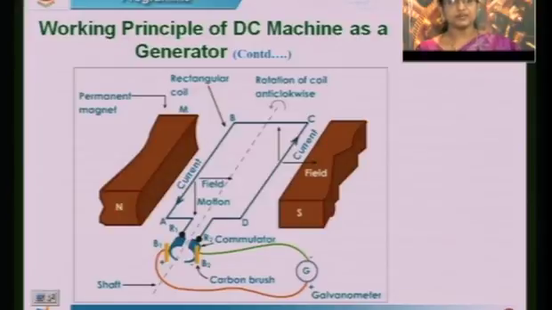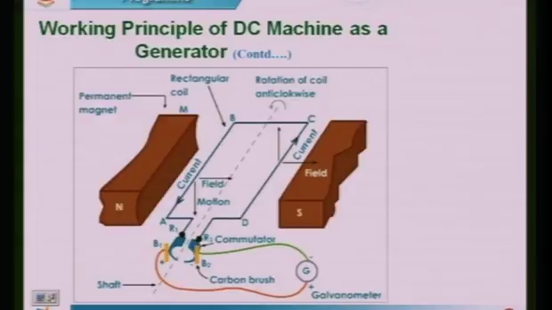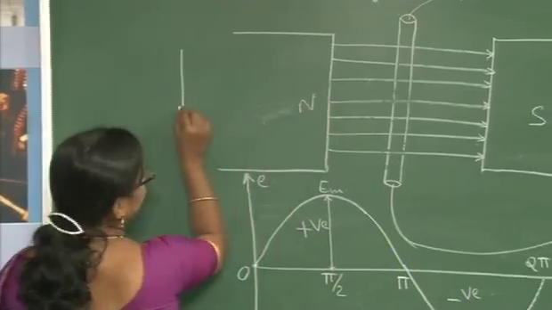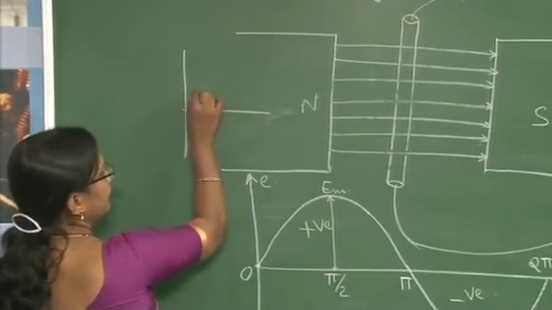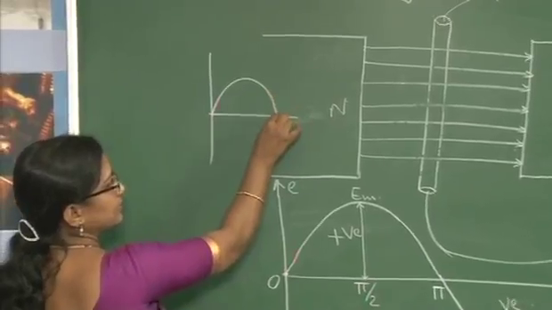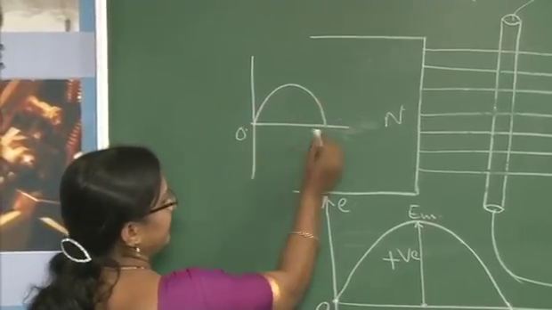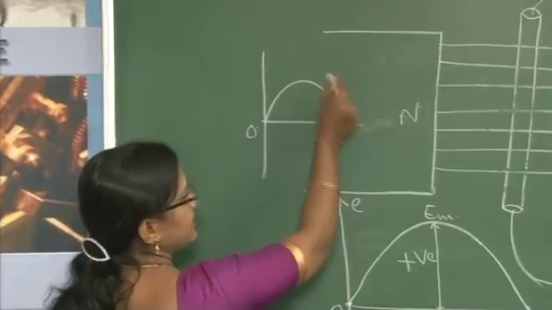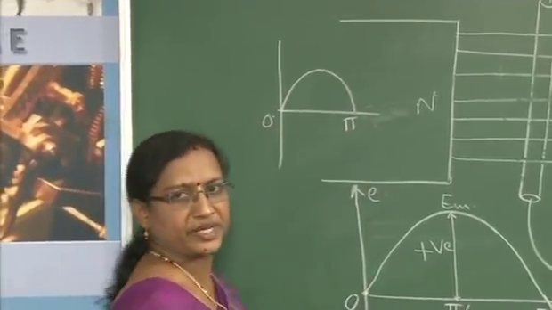Now when it is from 0 to 180 degree, brush B1 is fitted to R1, so the current will flow and vary in this manner from 0 to pi.